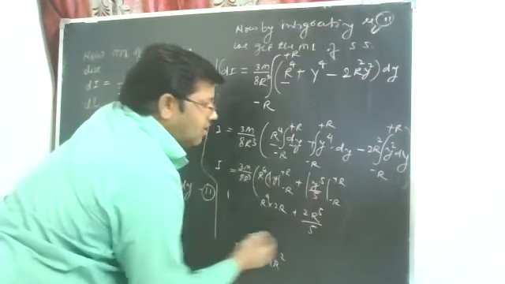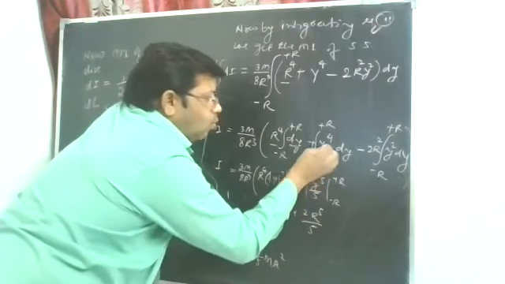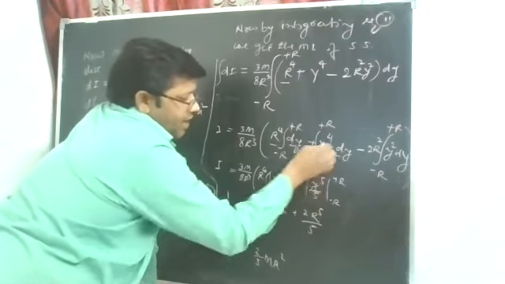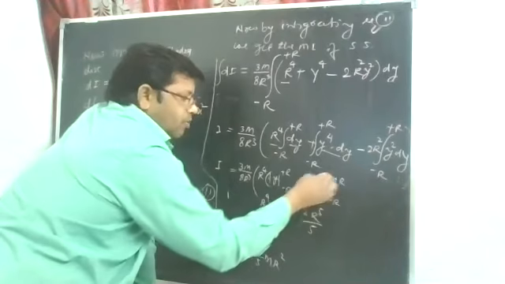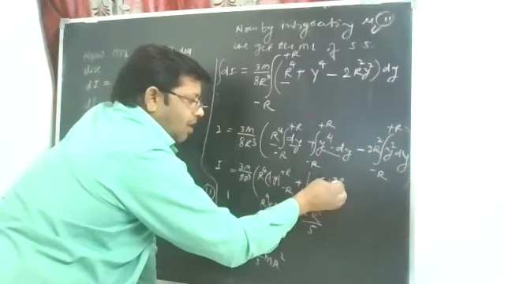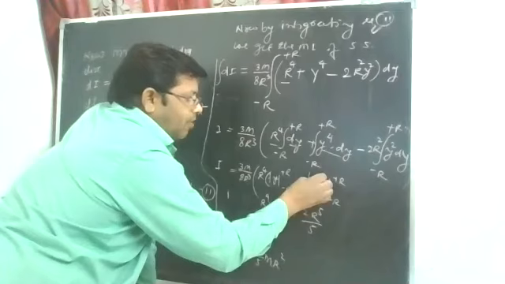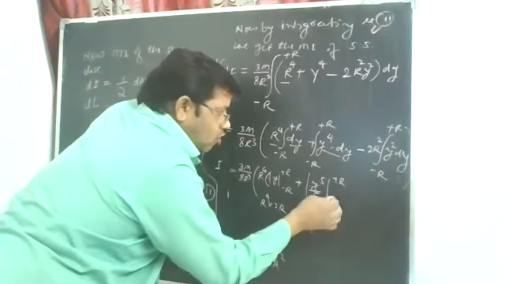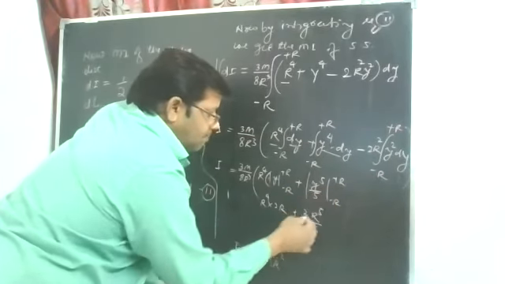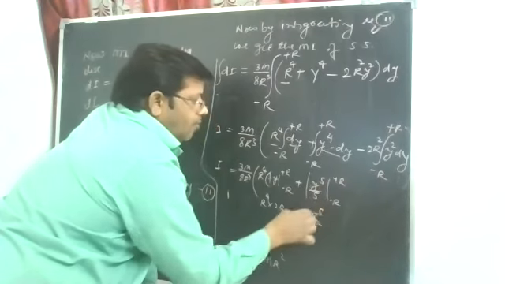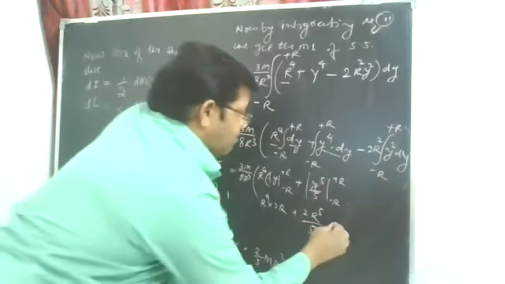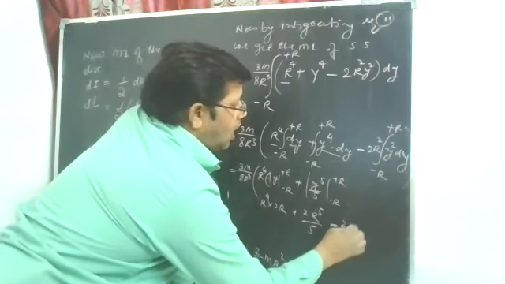Now see here, y to the power 4: 4 plus 1 is 5, and this power will come here. Upper limit plus r to the power 5, minus lower limit minus r to the power 5. It will be r to the power 5 plus r to the power 5, 2r to the power 5.